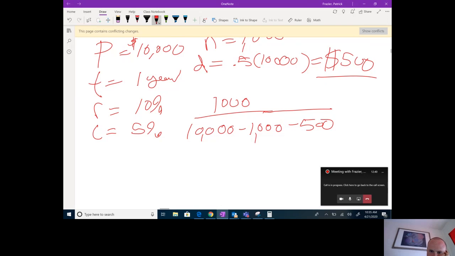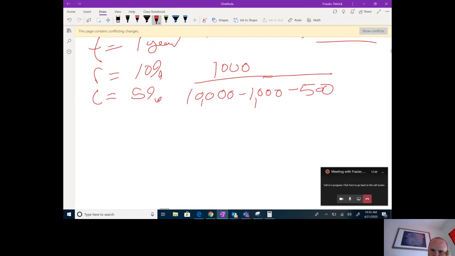Well, 10,000 minus 1,000 is 9,000, and 9,000 minus 500 is $8,500. So that's going to be equal to 1,000 divided by $8,500.